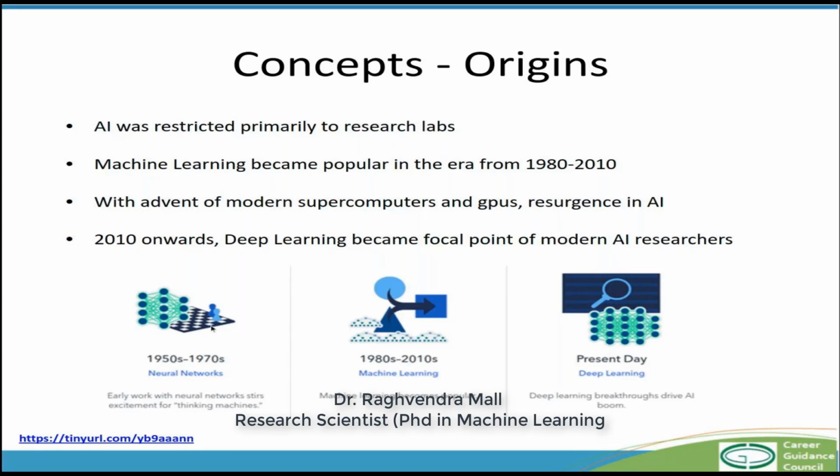So this is basically the life cycle: from the 1950s to 1970s, neural networks were predominant, but after that it led to a resurgence of tree-based techniques and convex optimization-based techniques for machine learning. But in the present day, we are again in the era of deep learning.